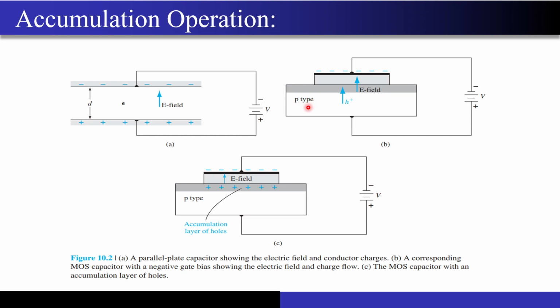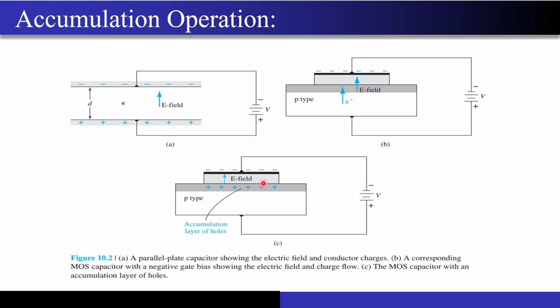They are holes, because your substrate is p-type. So if the holes are being attracted near this interface, we call that operation accumulation. Majority carriers are coming near this interface, so this is called accumulation. Why accumulation? Because your holes are getting accumulated near this silicon to silicon dioxide interface. So this was regarding accumulation.